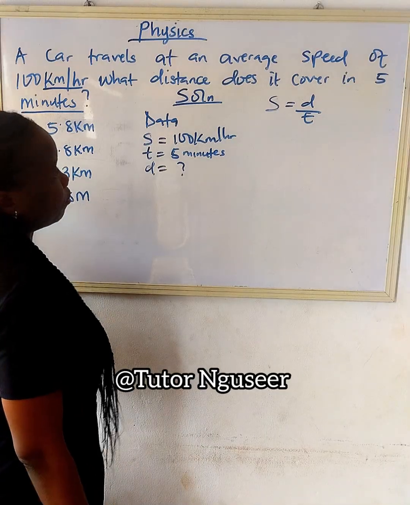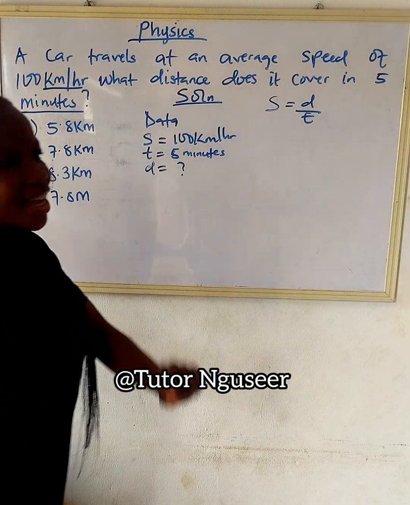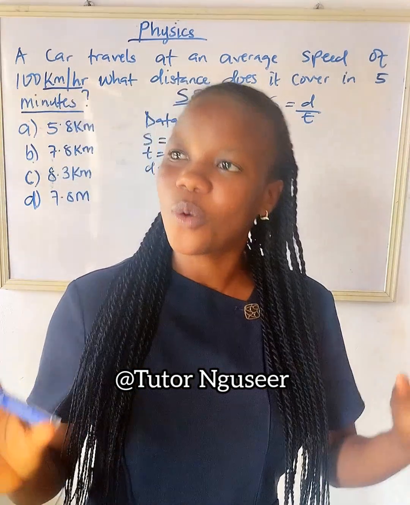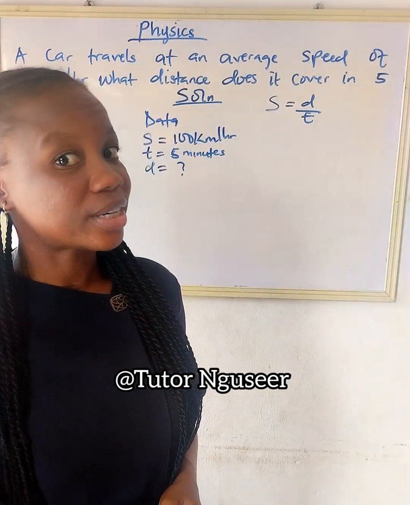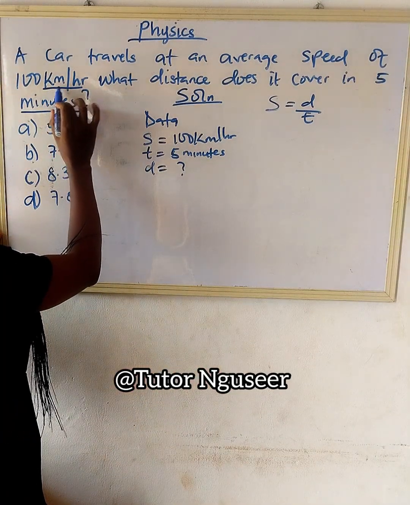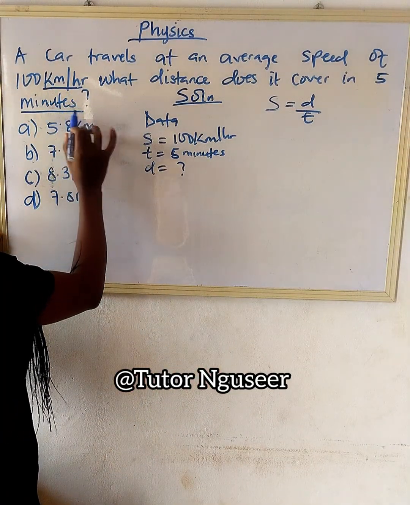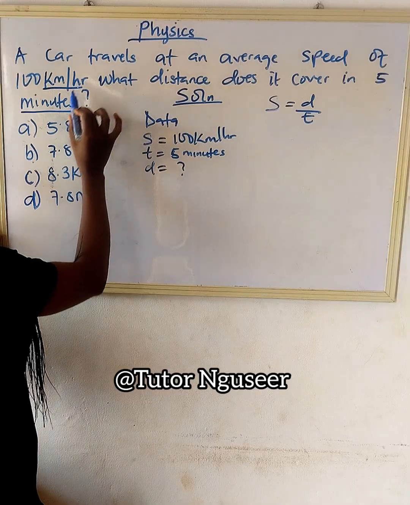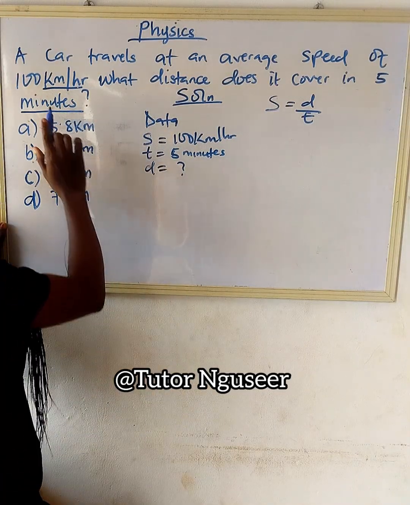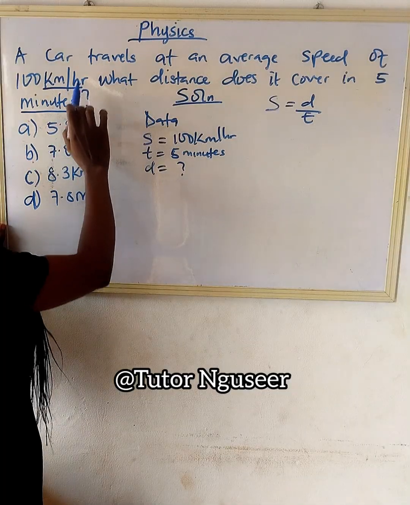Also, I can identify another problem in this question. That's why in sciences, understanding the question is very important. If you look at the units here, I have kilometer per hour and I have minutes. Do you see that these are different units of time? And so I have to make this hour the same as this minute.